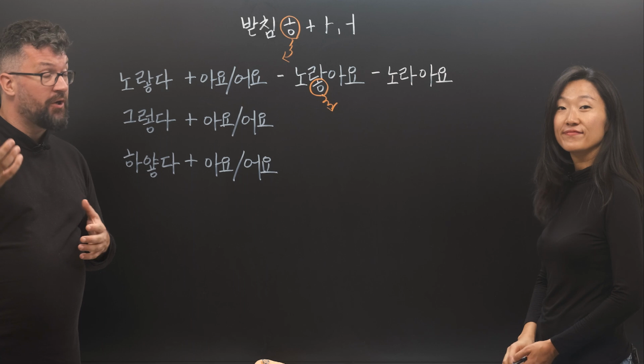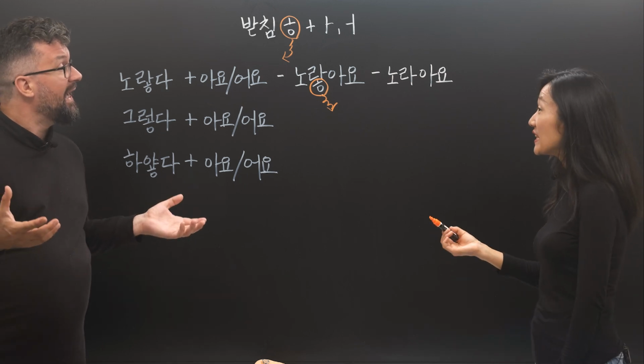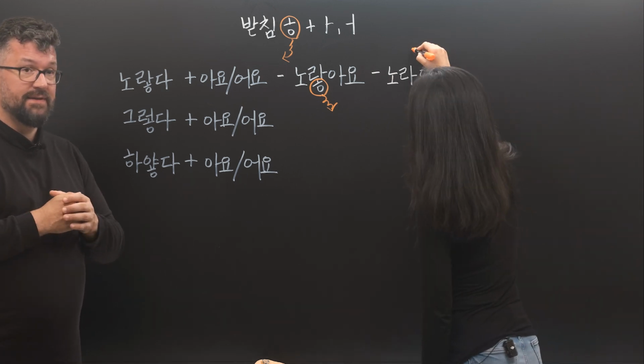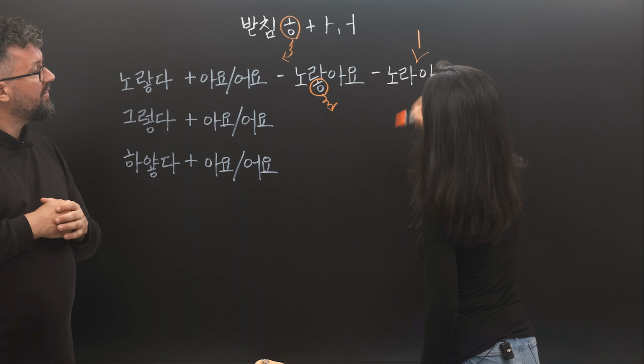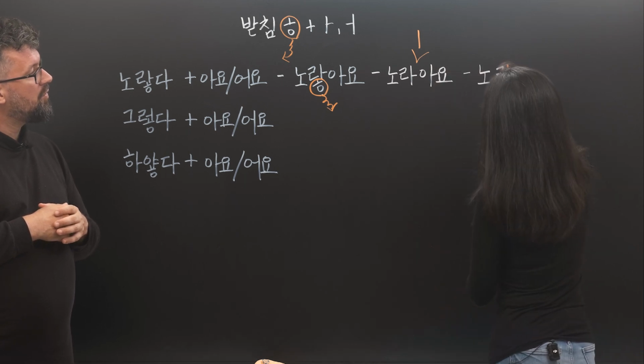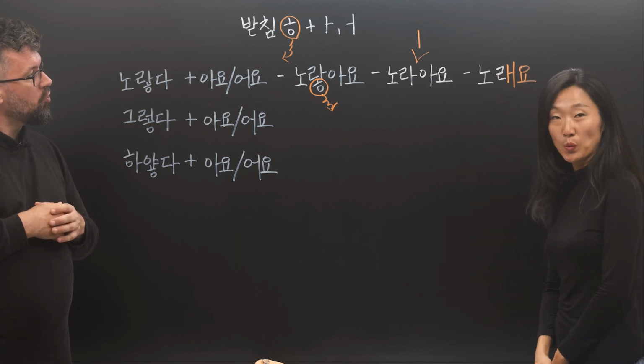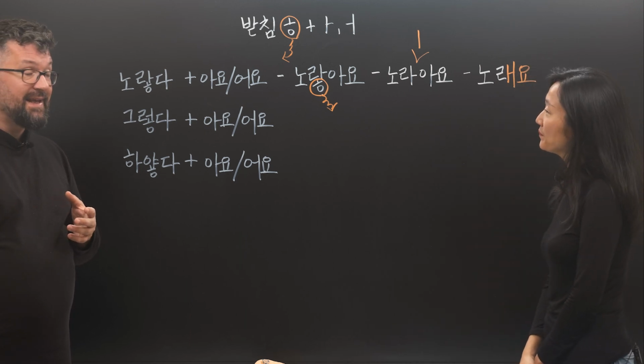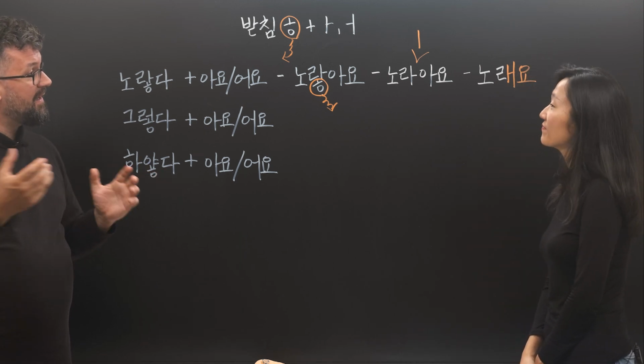But then we also learned we have to add ㅣ here. Then 노래요. 노래요 because ㅗ, ㅏ and ㅣ become ㅐ.